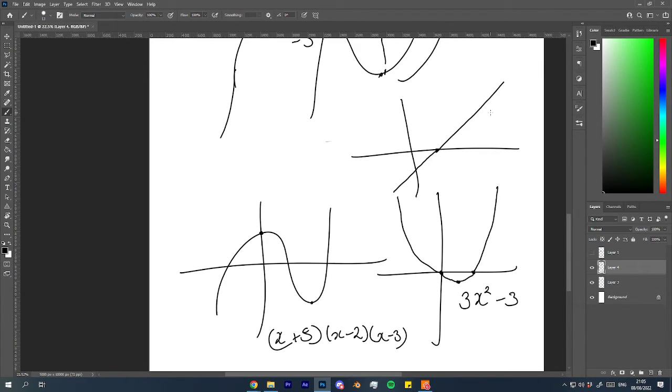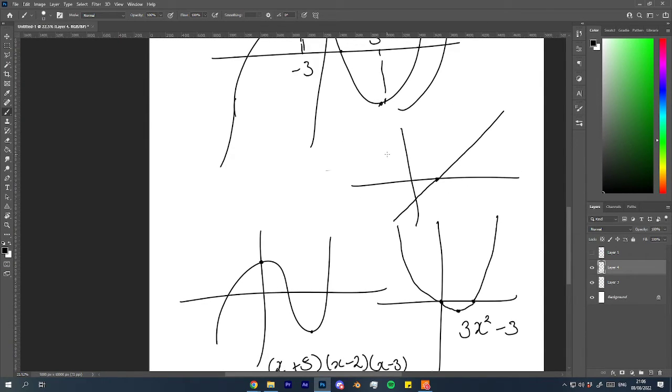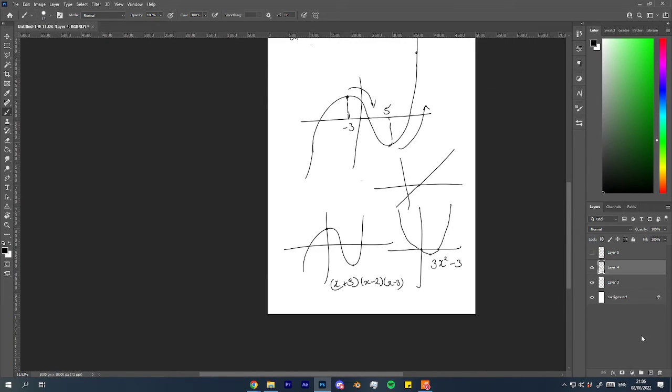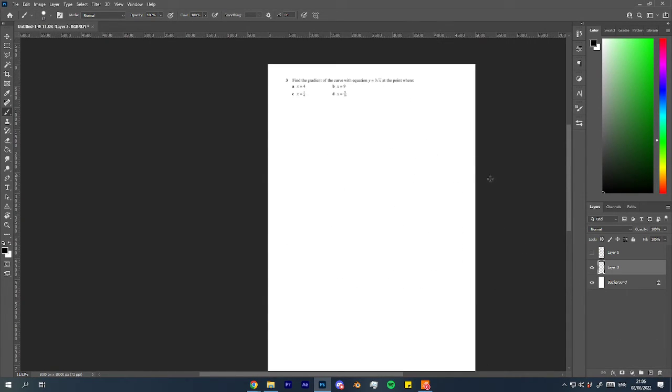Straight line. And from here, that's our second derivative drawn out. They don't specifically ask for you to draw it out, but I think it's cool to know.